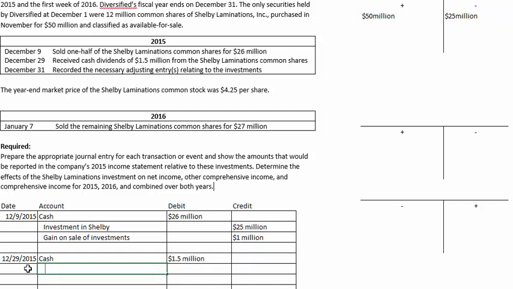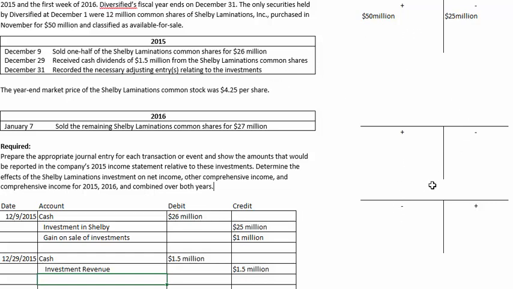We're simply going to credit this account called investment revenue for $1.5 million. And that as well would hit the profit and loss statement in the current period, 2015. Using the equity method again, that would be way different, but we're not talking about that. So that was simple. None of the balance sheet accounts up here relative to the stock are changed.